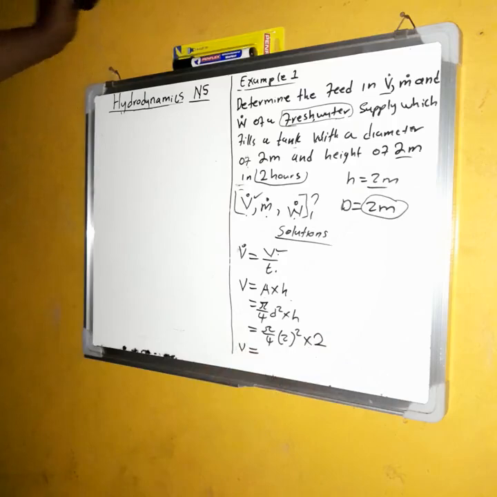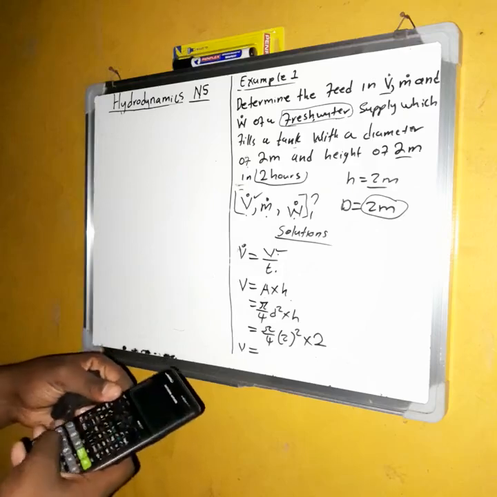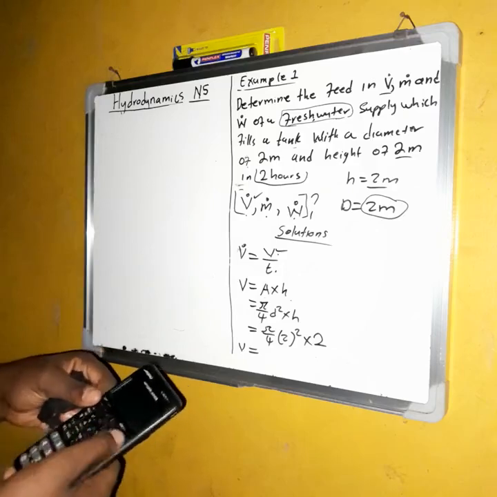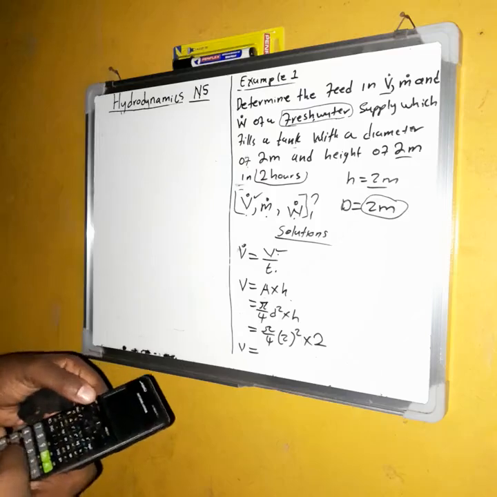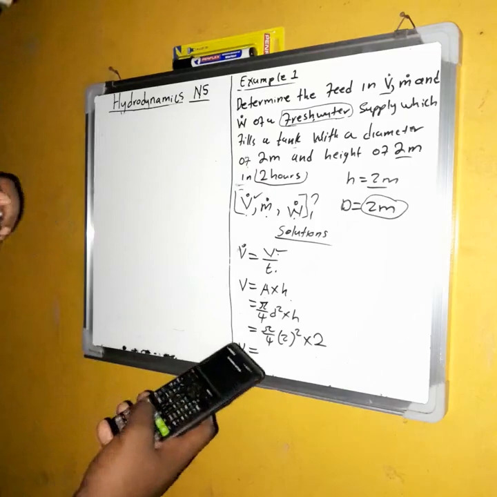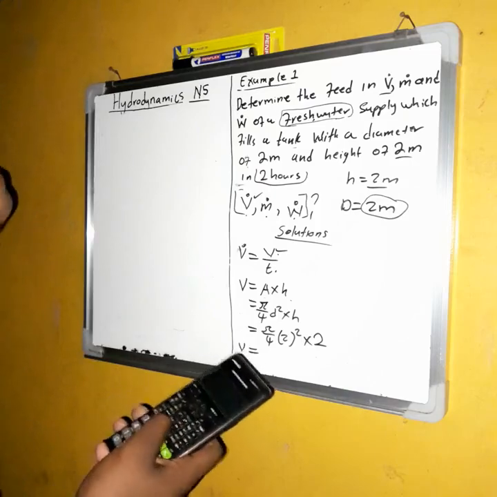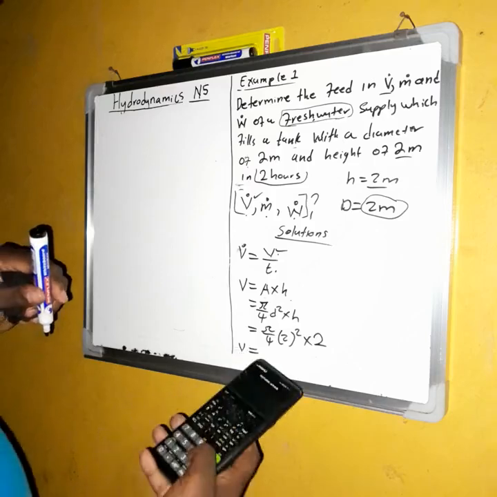Let's have our volume. What will be our volume? Let me punch my calculator. Pi over 4, 2 squared, multiplied by 2.